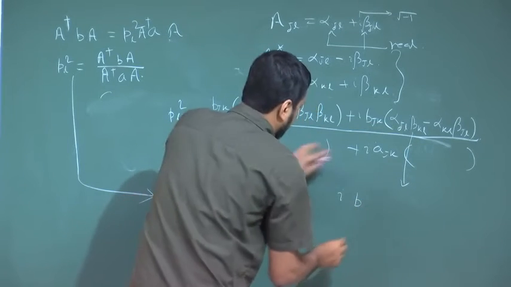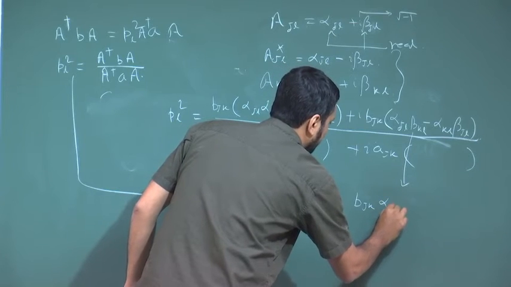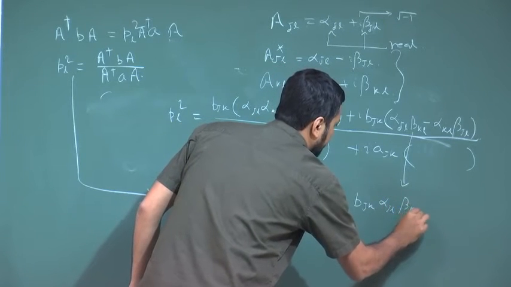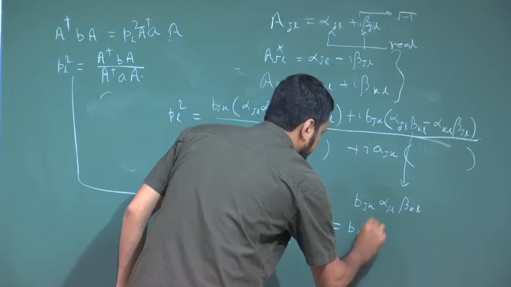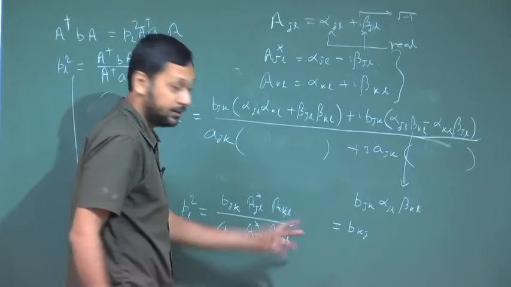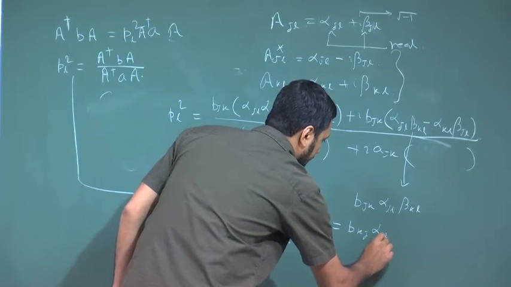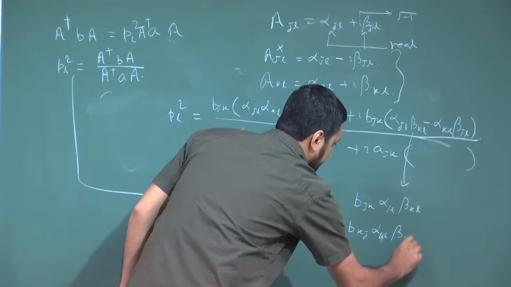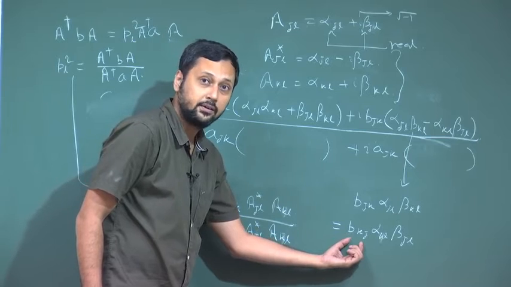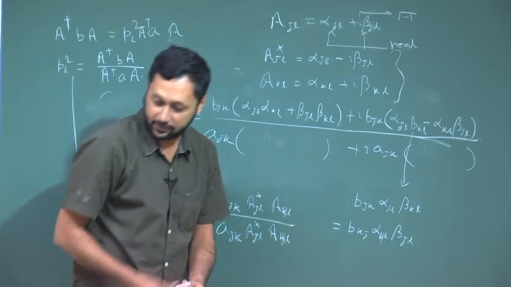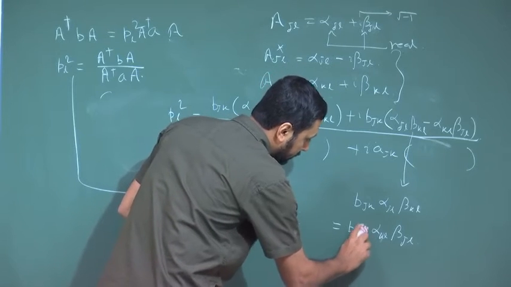It will be b_jk alpha_jl beta_kl, and b_kj alpha_kl beta_jl. We are just interchanging the indices, but please remember that B is a real symmetric matrix. So, if it is a symmetric matrix, it does not matter if we write k j, it is equal to j k.